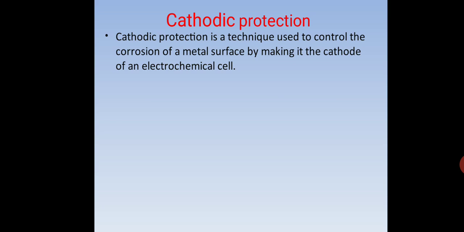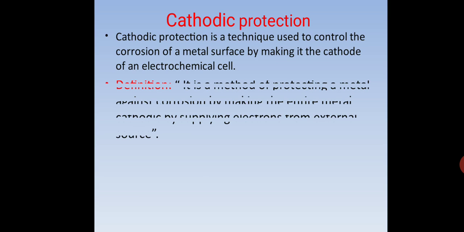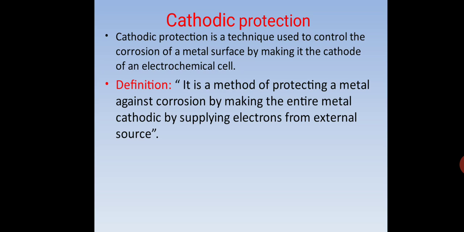What is cathodic protection? Cathodic protection is a technique used to control the corrosion of a metal surface by making it the cathode of an electrochemical cell. If you want an exact definition, it is a method of protecting a metal against corrosion by making the entire metal cathodic by supplying electrons from an external source.